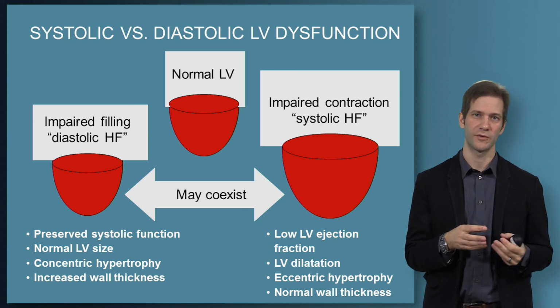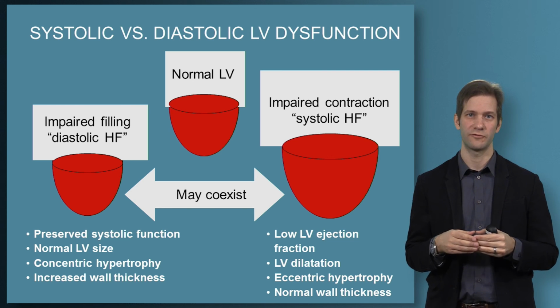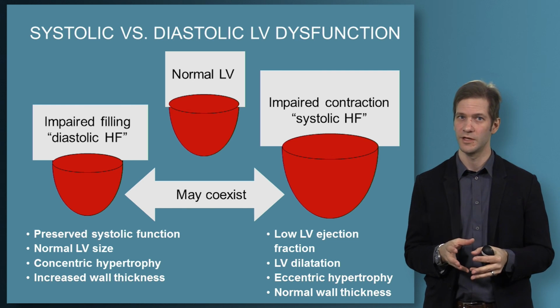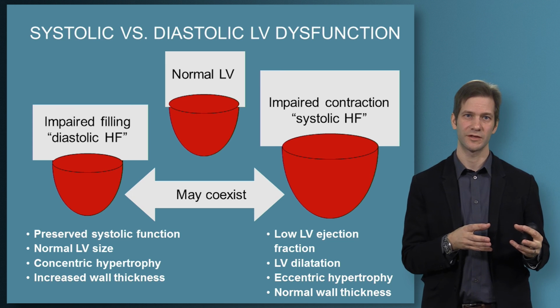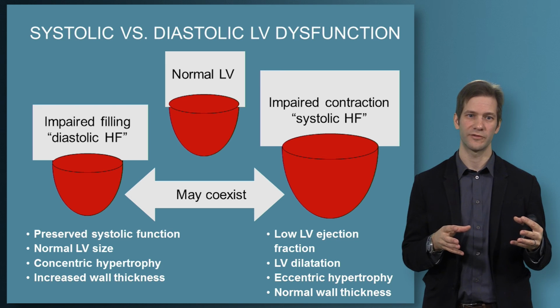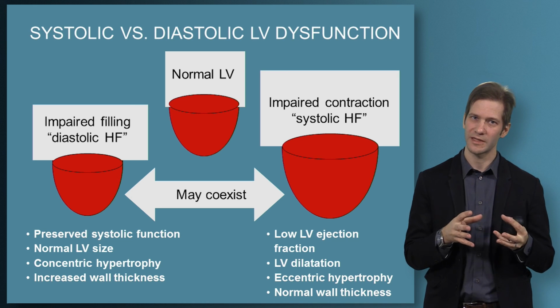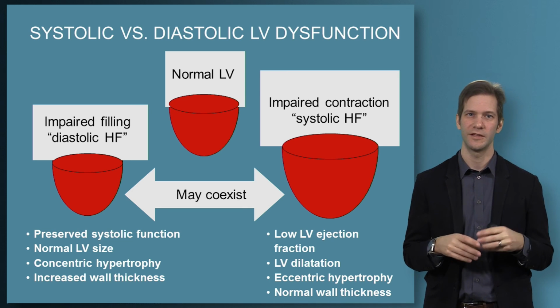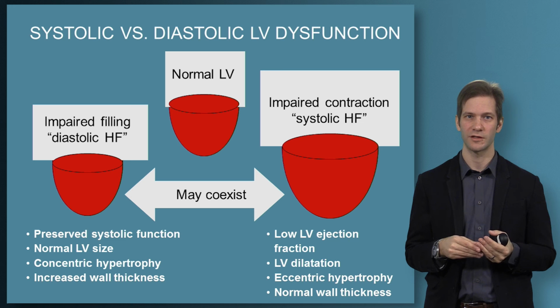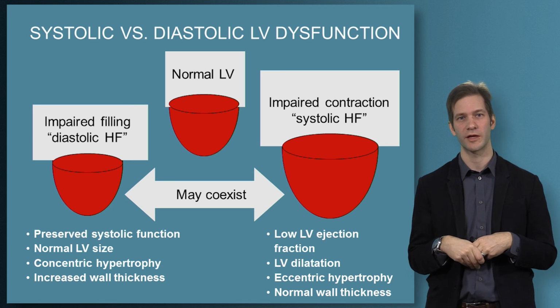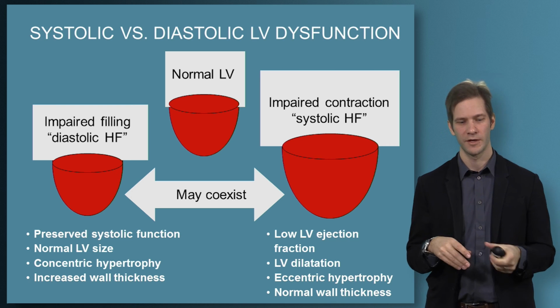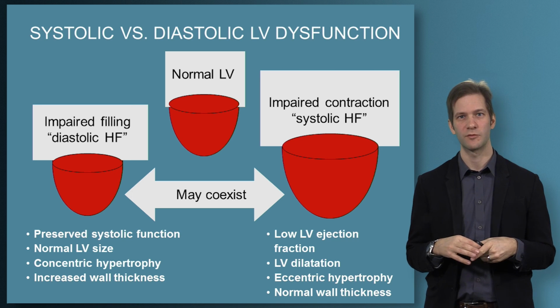On the other side of the equation, some patients have transitioned from a normal left ventricle to one with diastolic dysfunction and impaired left ventricular filling. In other words, the heart may be squeezing well enough, but it's not filling in diastole very well. These patients typically have preserved systolic function, a normal left ventricular size, but the walls of the heart are thick with concentric hypertrophy.